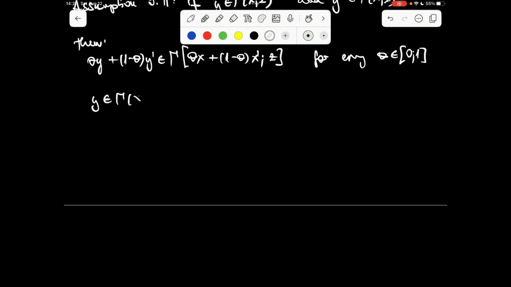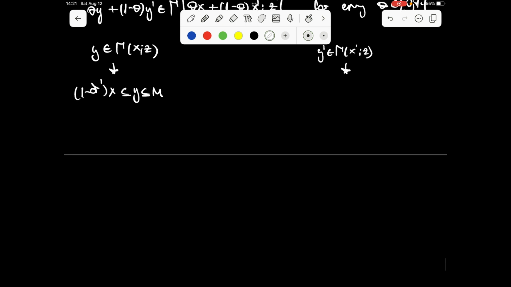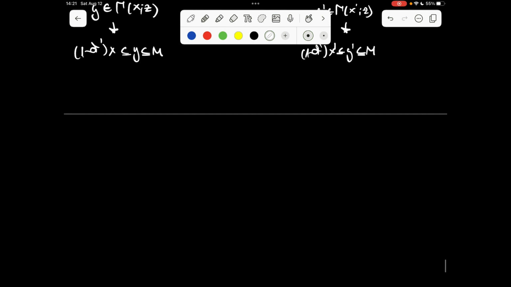So given that it holds, and given that it holds, then it is also true. Okay, and it is also true.